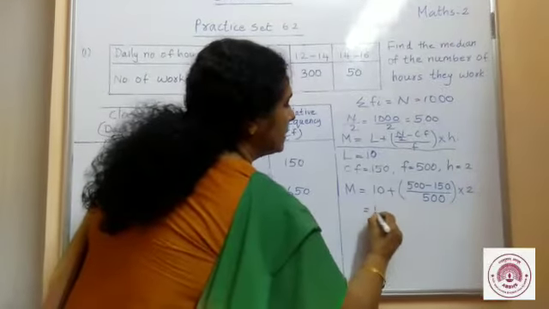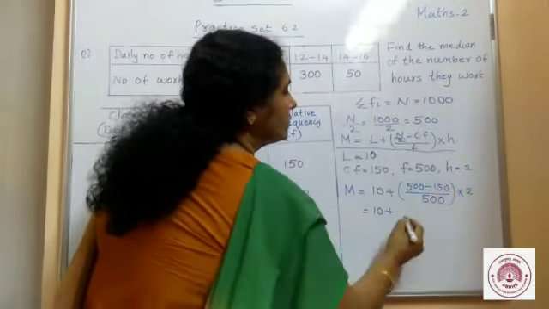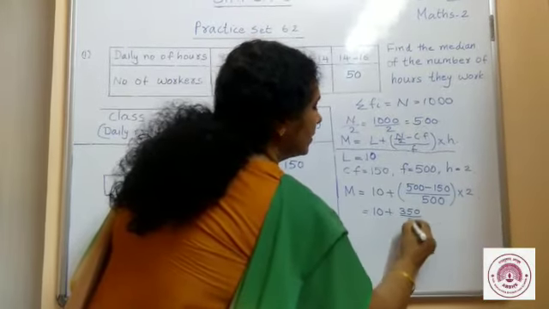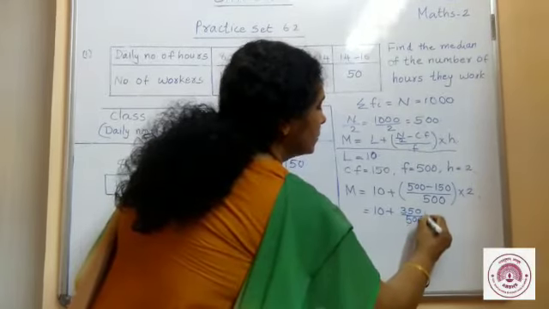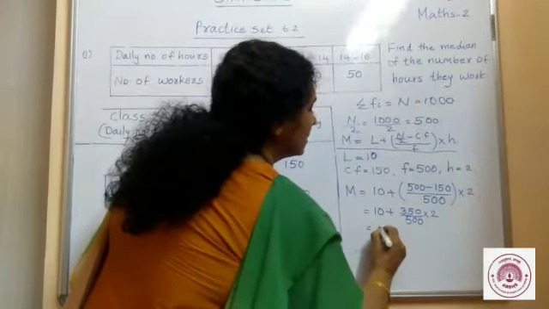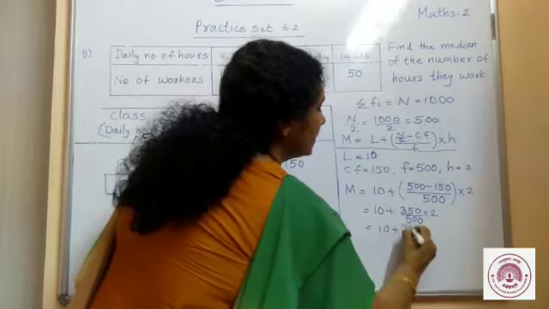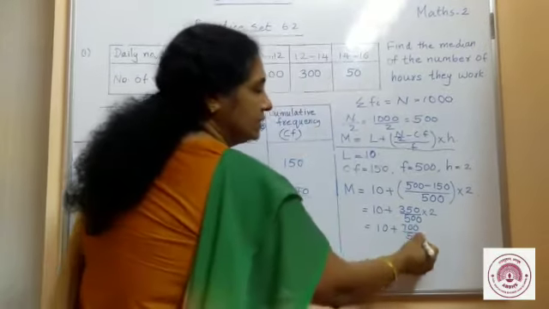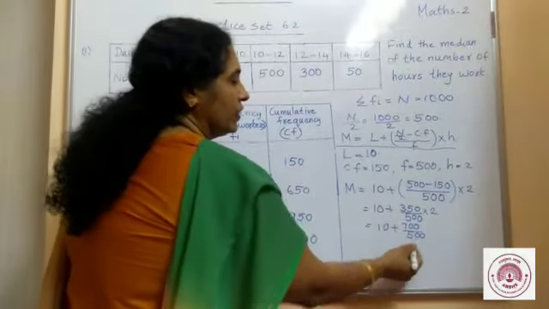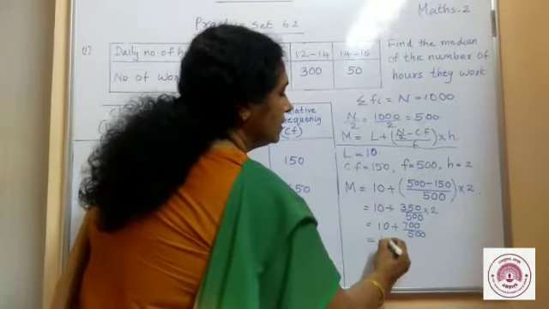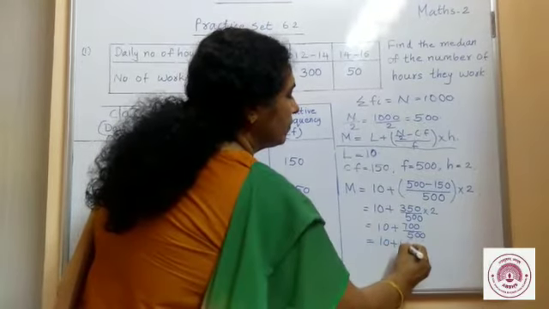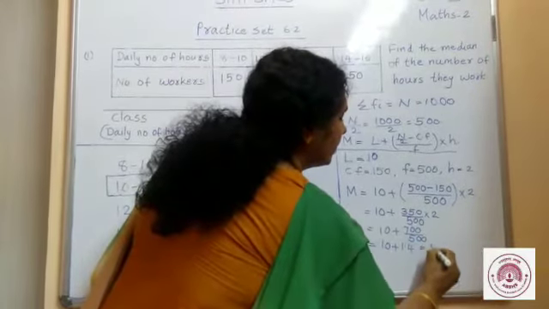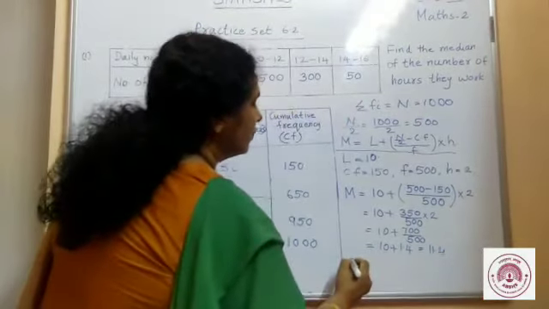So that is equal to 10 plus 350 upon 500 into 2, equal to 10 plus 700 divided by 500. We can cancel these two zeros. 7 upon 5, that is 1.4. So 10 plus 1.4 is equal to 11.4.